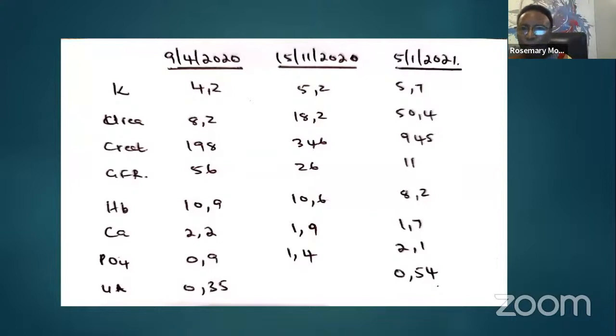When we saw the patient, it was 5.7. That's the hyperkalemia from your chronic kidney disease. Also the HB is going down, and your calcium is going down, so you are getting hypocalcemia with your hyperphosphatemia.